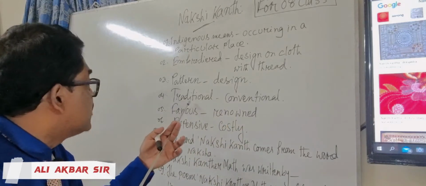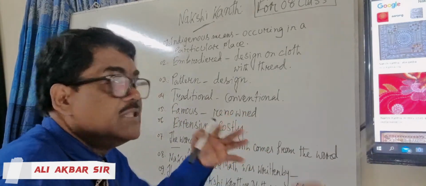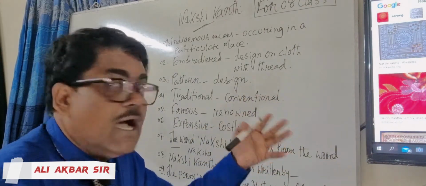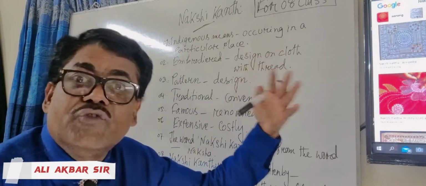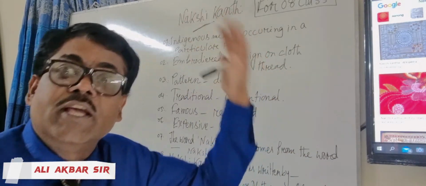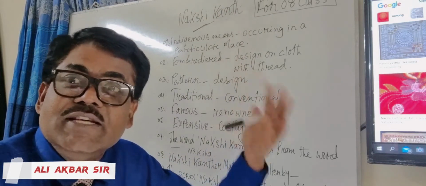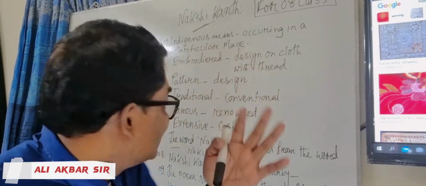Okay, traditional. These things, I mean Nakshi kantha, are traditional in our country. আমাদের পূর্বপুরুষদের আমল থেকে এগুলি চলে আসছে. সুতরাং this is called traditional. I think you can understand what is traditional.